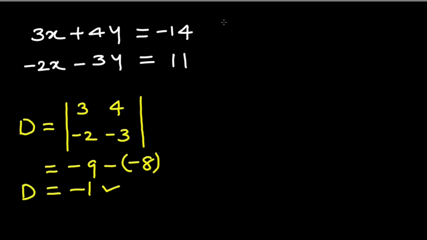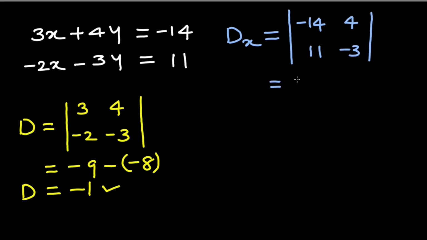Next, we will form a determinant Dx by replacing the coefficients of x by the constant terms minus 14, 11 and writing the coefficients of y as they are, 4, minus 3. This will be 14 threes are 42, minus 11 fours are 44. That will be minus 2. So the value of determinant Dx will be minus 2.